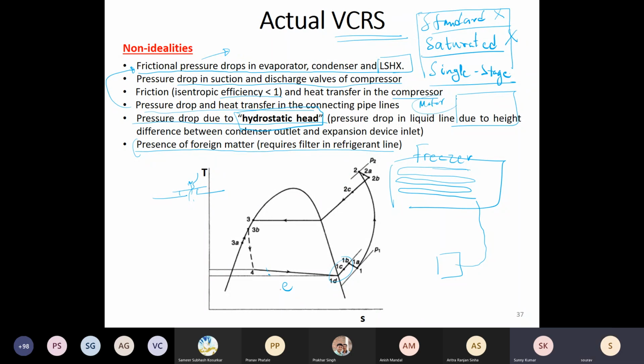You have to cool the motor winding, and the compressor itself loses heat to the ambient. Okay, there are open type compressors which lose heat to the ambient, and in case of a hermetically sealed compressor, the entire heat transfer is taken up by the refrigerant itself. So there are so many assumptions which we make while drawing the cycle, which are not actually relevant in the actual system.